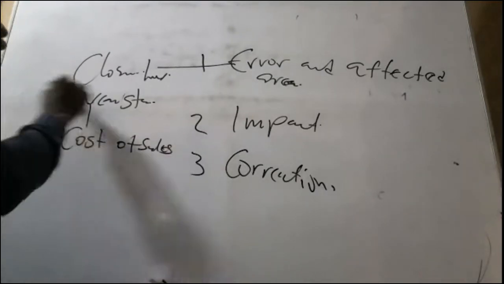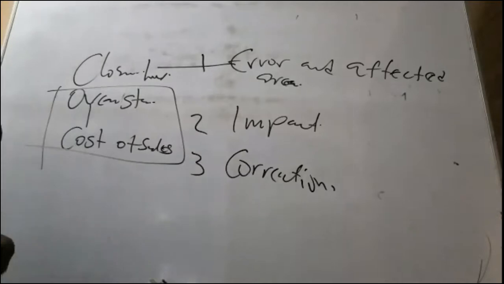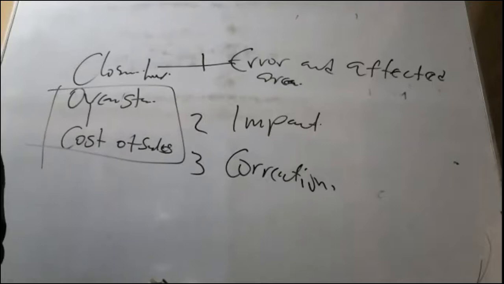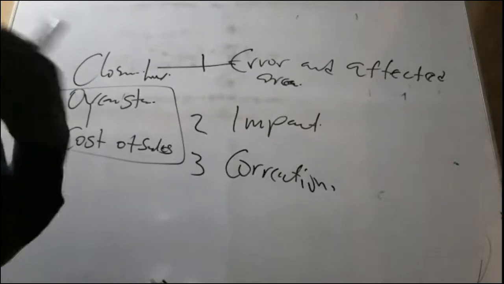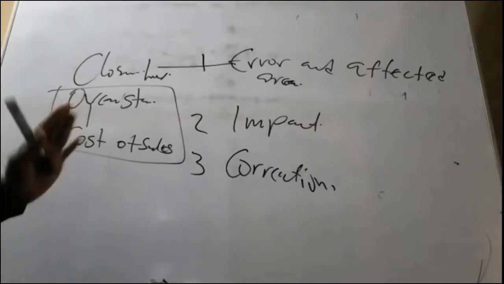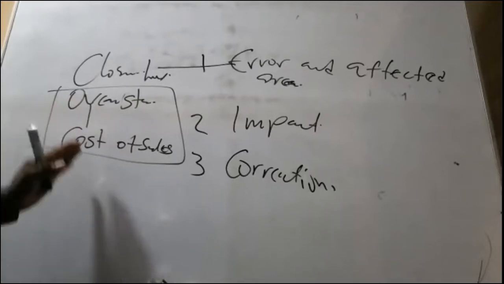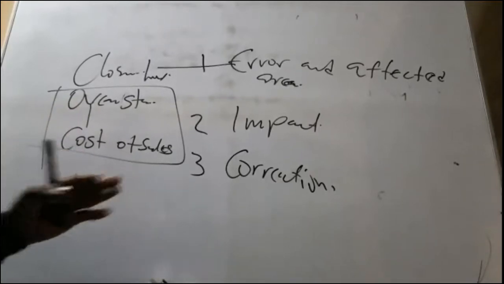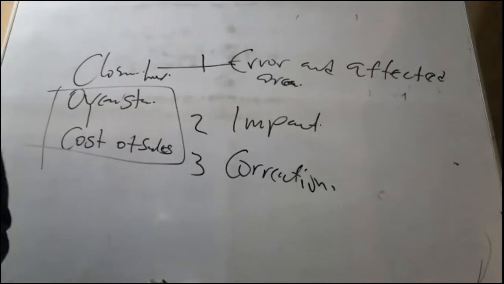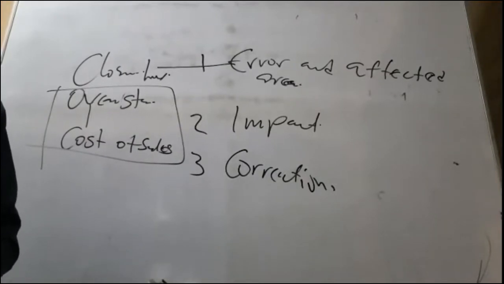That's all. So any figure that the examiner will give to you aside cost of sales, you are free to pick those figures. Why? Because that figure will not be affected as a result of this error. So take note of that.